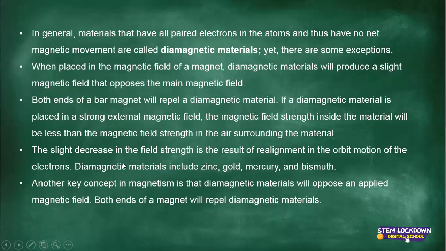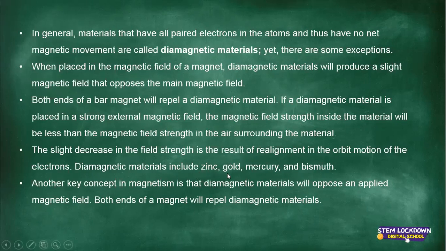The slight decrease in the field strength is the result of the realignment in the orbit and motion of the electrons. Because there's a change in the movement of the electrons, there's a decrease in the field strength. So we have diamagnetic materials.